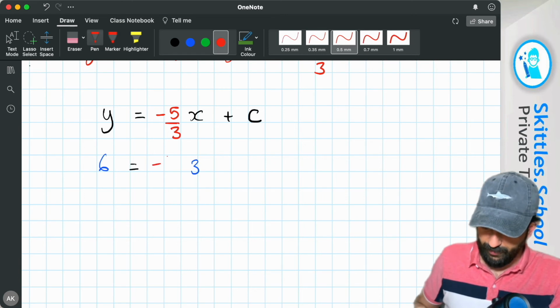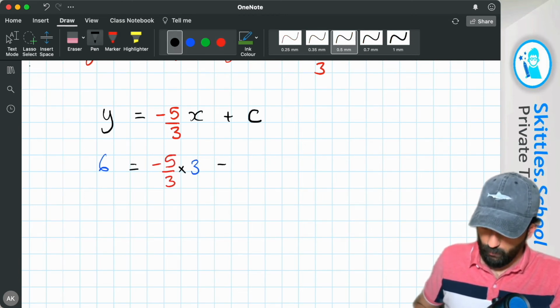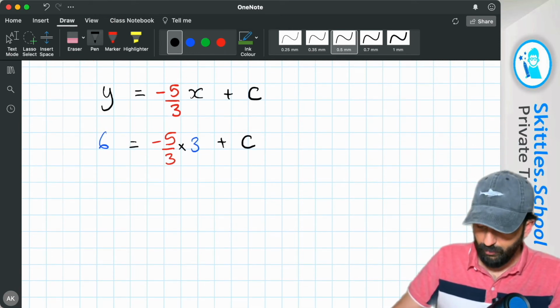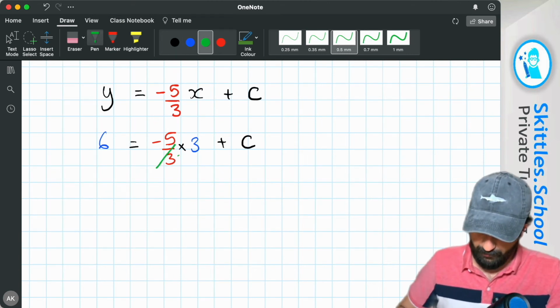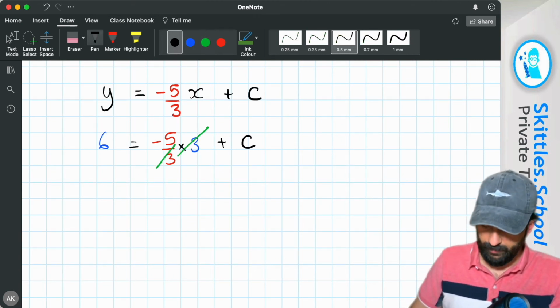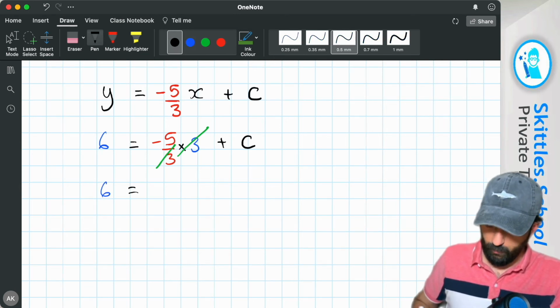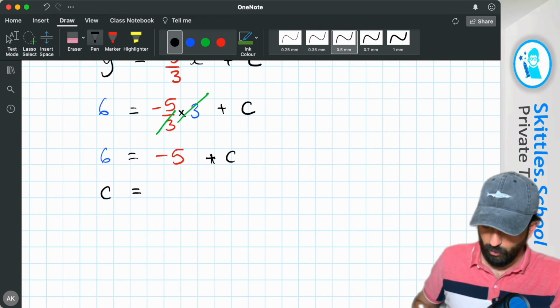We've still got the m, and we've still got the c. Now we can work this out to work out c. So straight away we know that 3 times 3 cancels, and we're left with 6 equals -5 plus c. Therefore, c has got to be equal to 11.